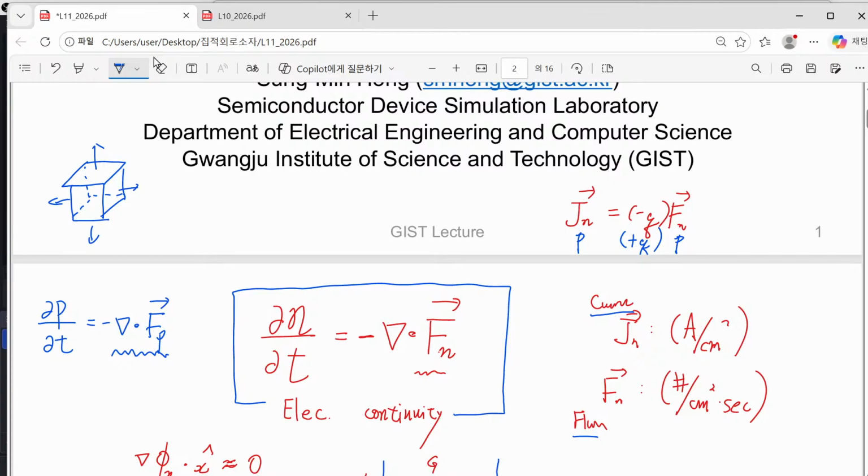So the number of particles escaping from the volume within a given unit time interval is given as this divergence.